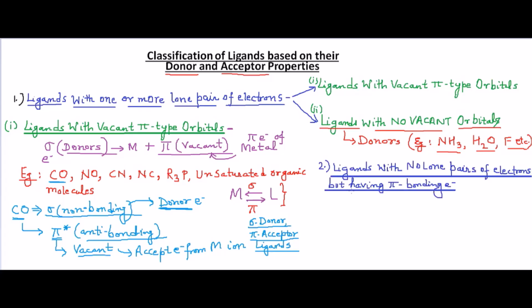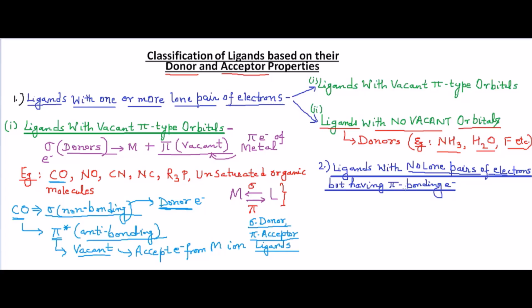Okay. Now the second category is the ligands which have no lone pairs. They do not have any lone pair of electrons as we had seen previously, but they have the pi bonding electrons. That means the electrons that act as donors to the metal ion are the pi electrons, not the lone pair of electrons or the non-bonding electrons.